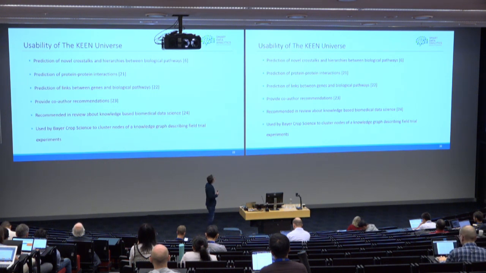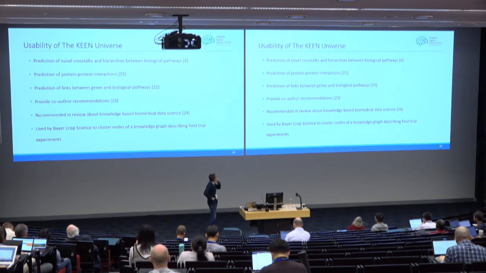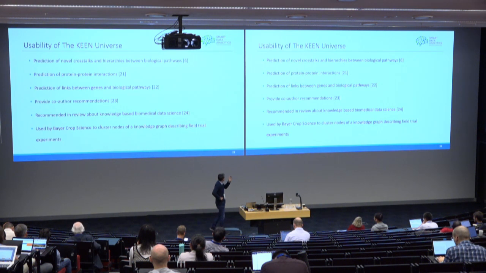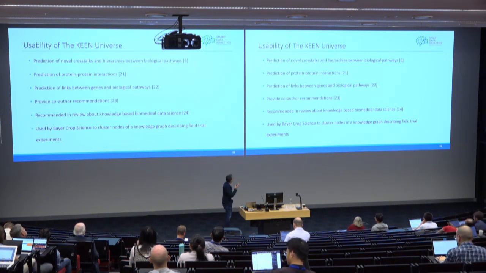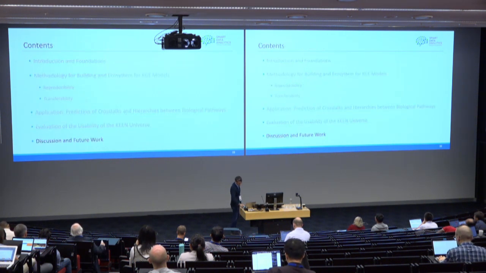I presented, for example, the prediction of novel crosstalks between biological pathways. There were also protein-protein interactions, and we also had co-author recommendation. Recently, it was also recommended in a review about biomedical data science, and it was also used by a company, Bayer Crop Science, where they have a knowledge graph describing field trial experiments. Discussion and future work.